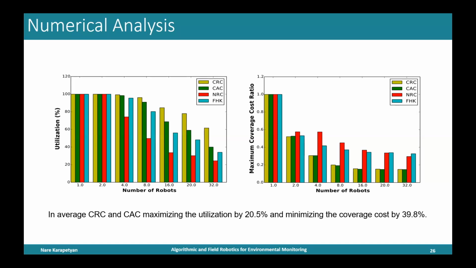It showed that the utilization on average for all of these examples has increased by 20.5% and the maximum path coverage cost was minimized by 39.8%. And this is again averaged over all of these experiments.